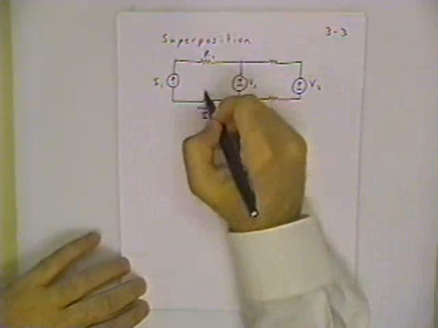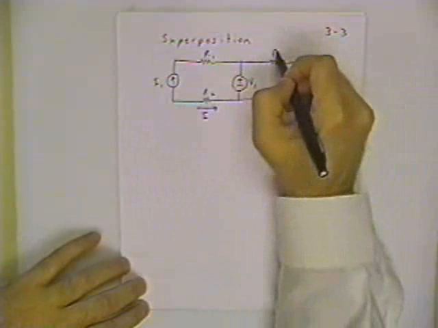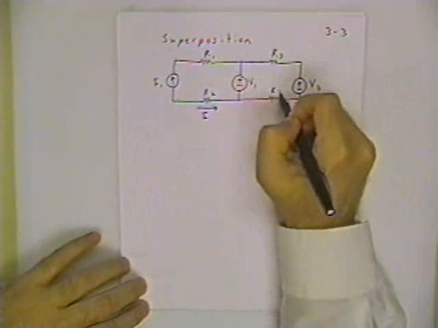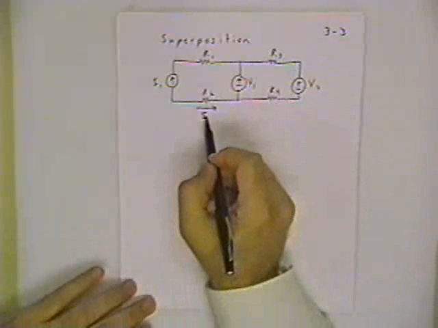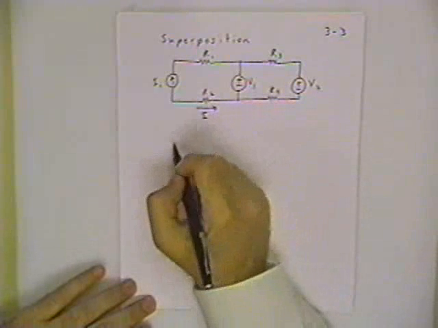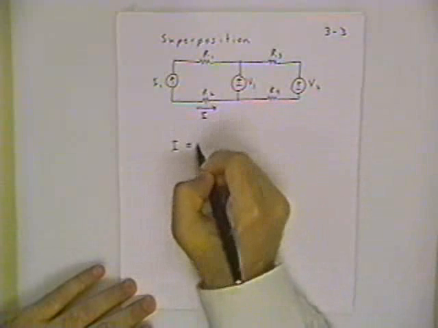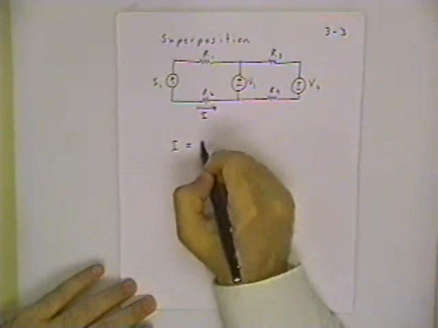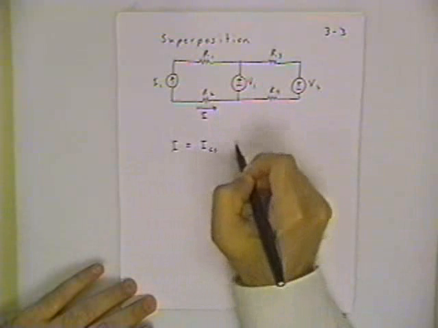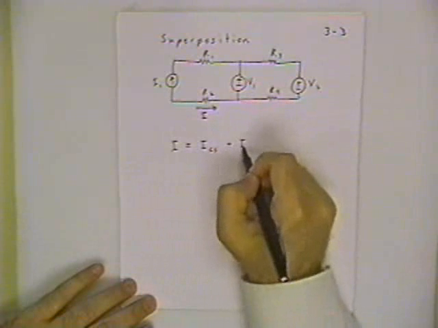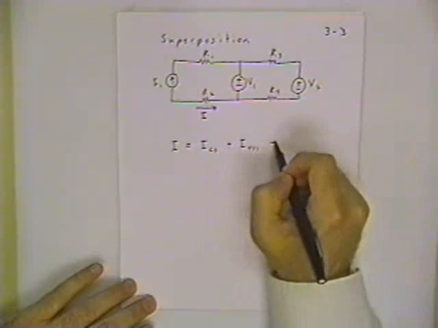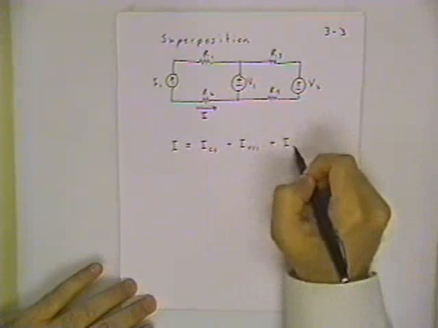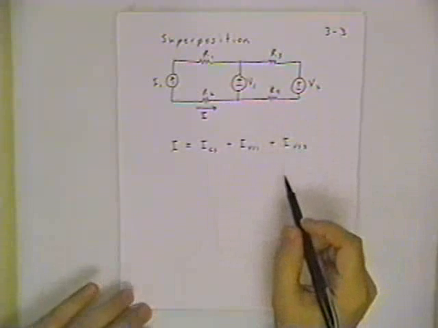Let's say all these resistors have numbers R1, R2, R3, and R4. What I can do is calculate this current I in 3 separate pieces. There's an I due to the current source. There's a current due to the voltage source VS1. And then there's a current due to the voltage source VS2.